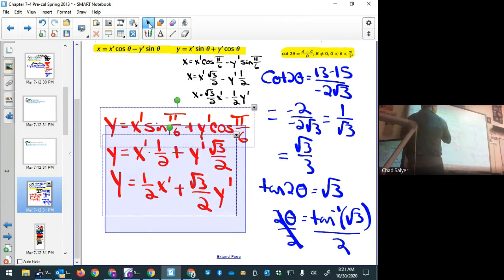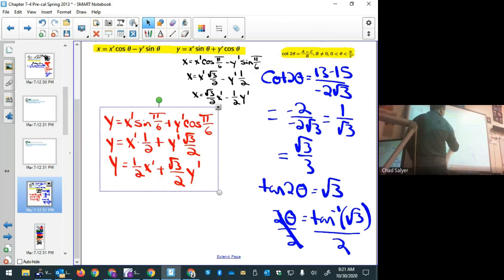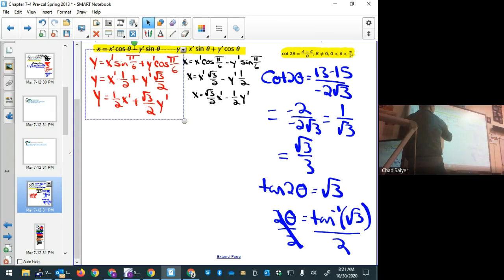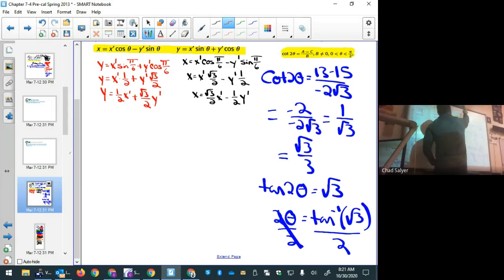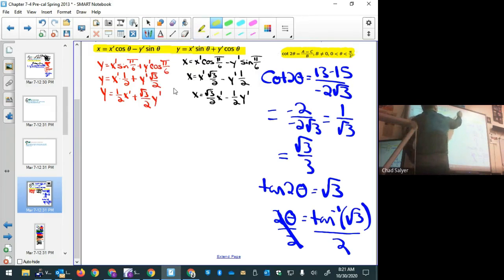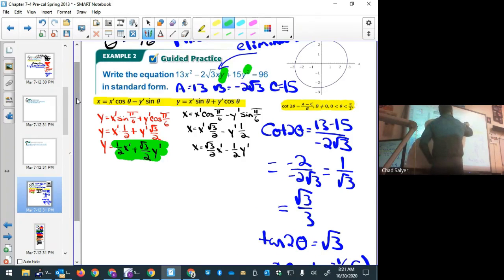Okay, so we're ready to go now. We've got the things we need to substitute. And we need to plug into our original equation this expression for every y. You guys with me?